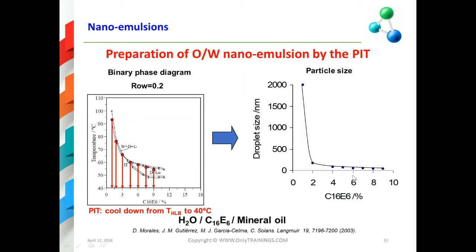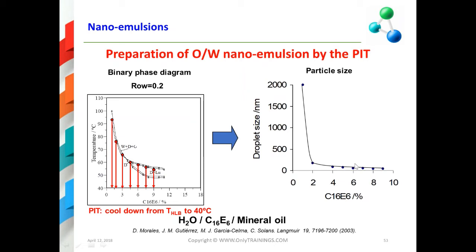And we can observe a decrease in the droplet size when increasing the surfactant concentration. The emulsification is optimal when a single phase, like a microemulsion, is the starting point of spontaneous emulsification. In the case of multiphasic regions, we can observe that the final droplet size is not as small as in the case of microemulsions.